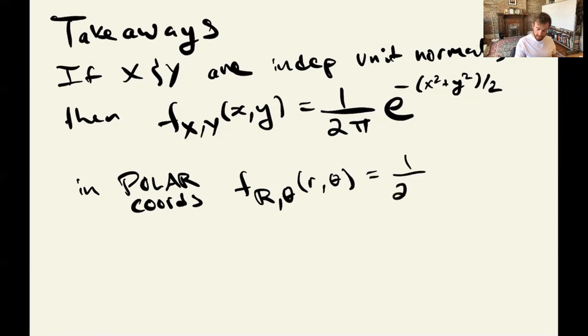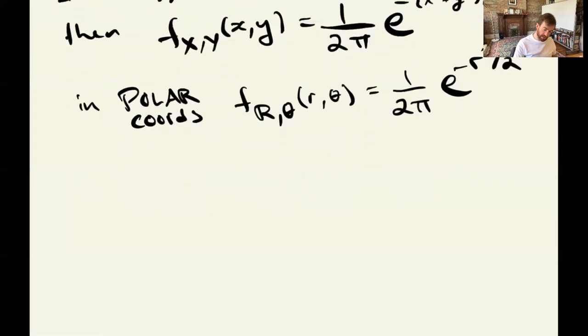This ends up equaling something like 1 over 2 pi e to the minus r squared over 2. Now the question is, what does this work out to be when we want to go ahead and marginalize, but now with respect to r? So let's marginalize with respect to r.